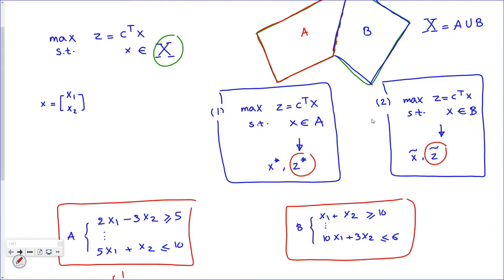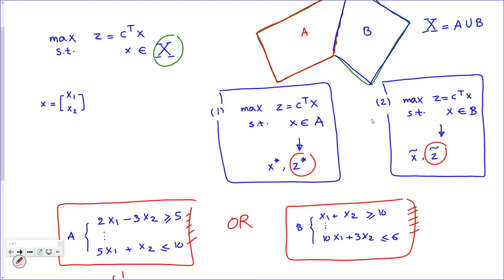But the relation that exists between them is an OR relationship. Remember that for the constraints that define A, the relation between them is an AND relationship. For example, 2x1 minus 3x2 is greater than or equal to 5, and simultaneously 5x1 plus x2 less than or equal to 10. All of them must be simultaneously satisfied by one feasible point. The same with B.